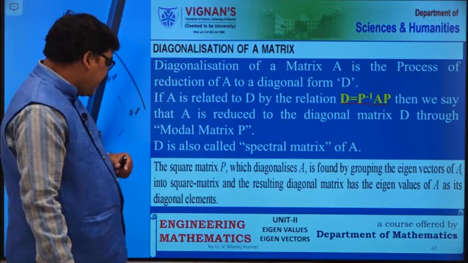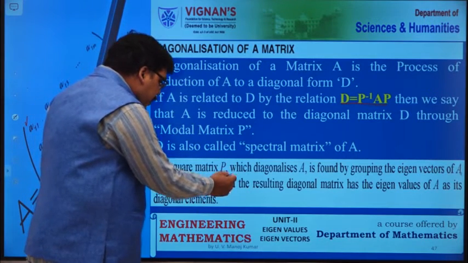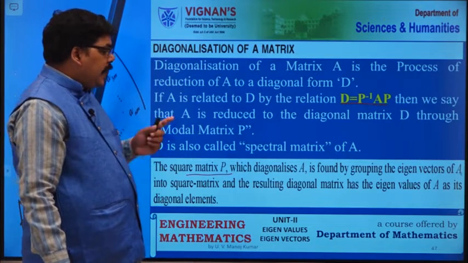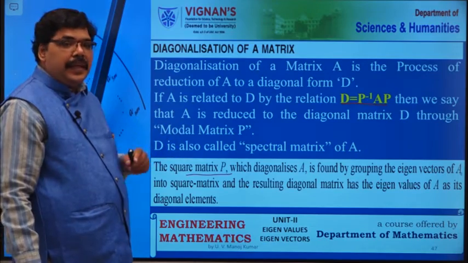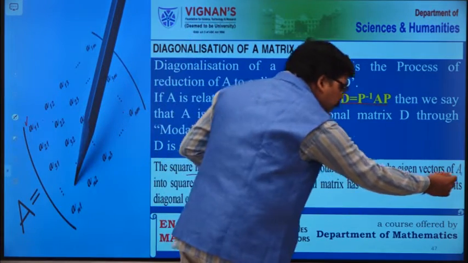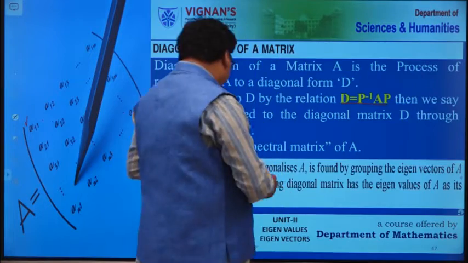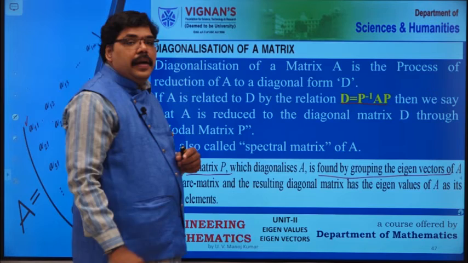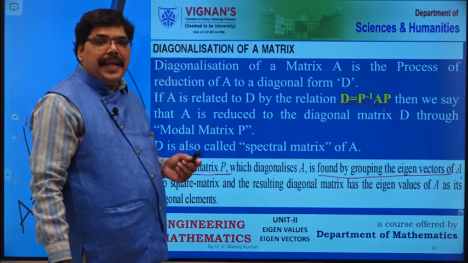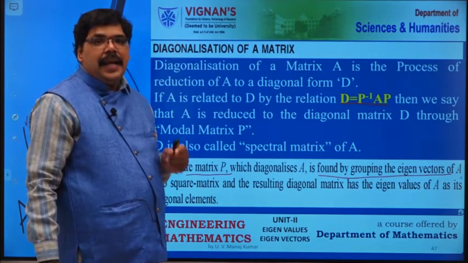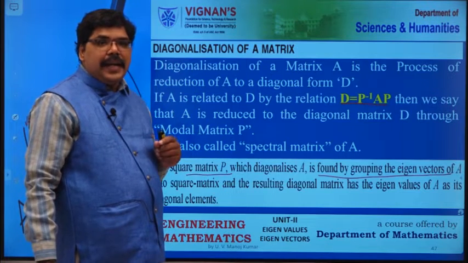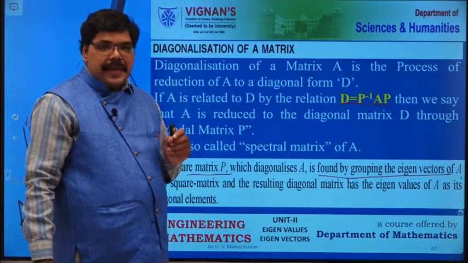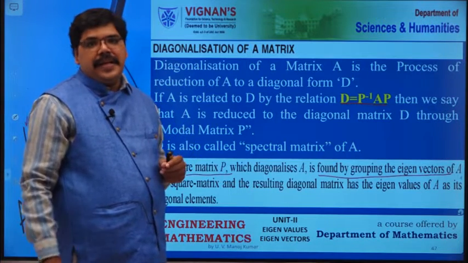The square matrix P which diagonalizes A is found by grouping the eigenvectors of A as a square matrix.